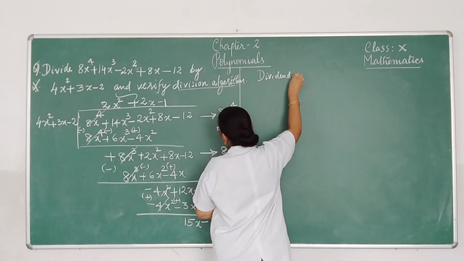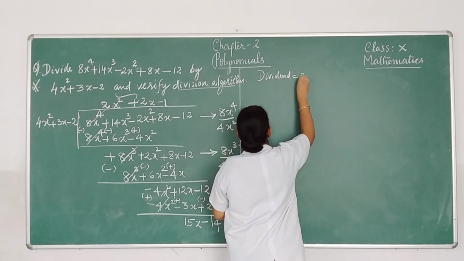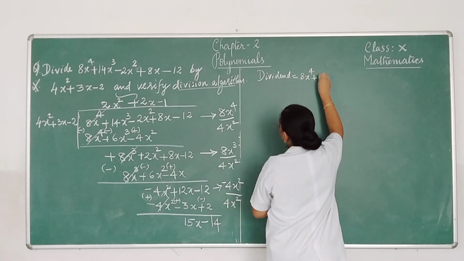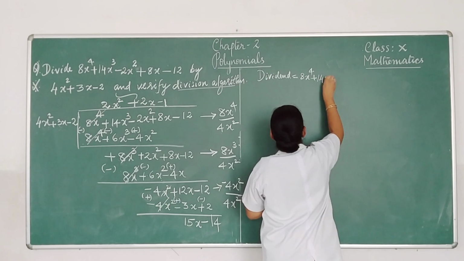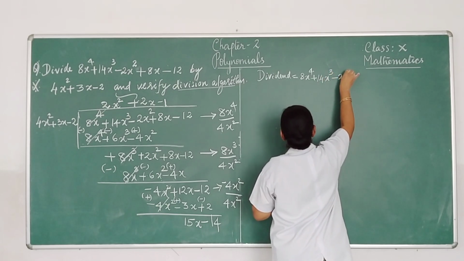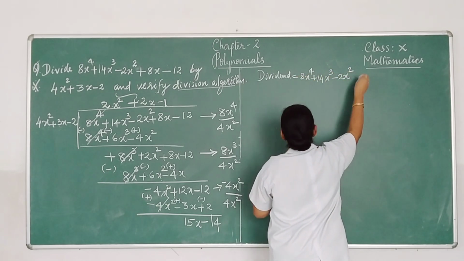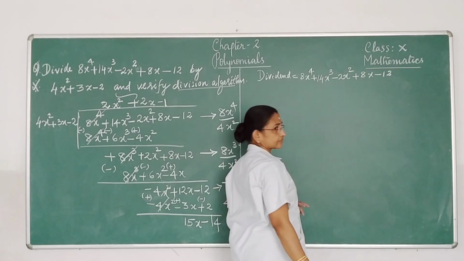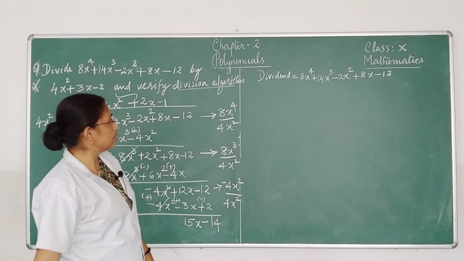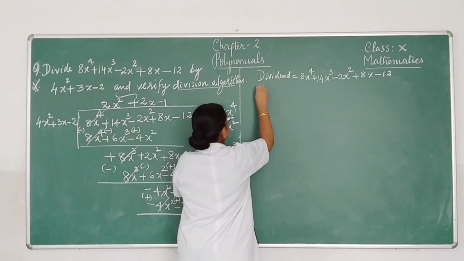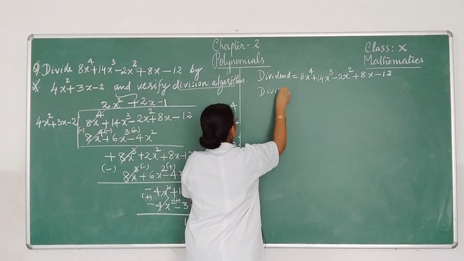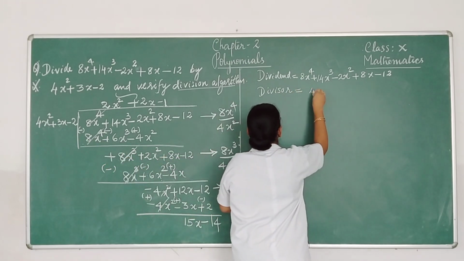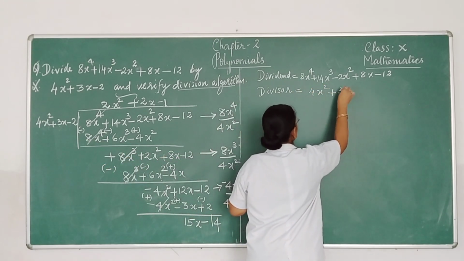Dividend equals, what is the dividend? 8x raised to 4 plus 14x cube minus 2x square plus 8x minus 2. This is the dividend. Now, we can write the divisor. Which is the divisor? Divisor equals 4x square plus 3x minus 2.